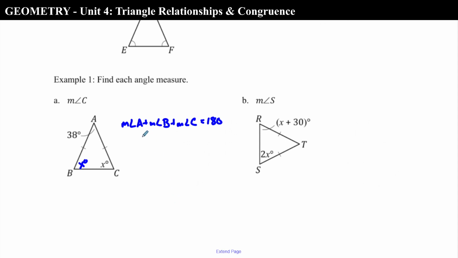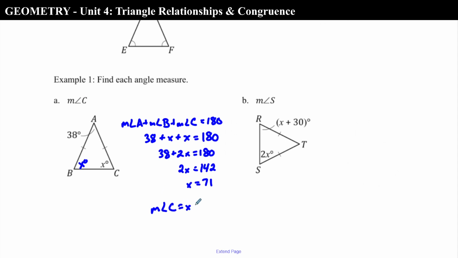So we have 38 is angle A, we have x for angle B, we have x for angle C, and now we can solve. 38 plus 2x equals 180. Subtract 38 from each side, you get 2x equals 142. And divide each side by 2, and you get x is 71. So the measure of angle C, which is what we're looking for, which is just x, is 71 degrees.